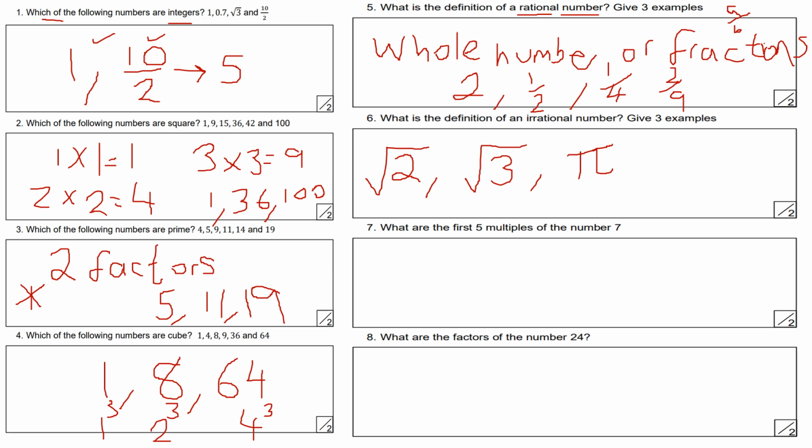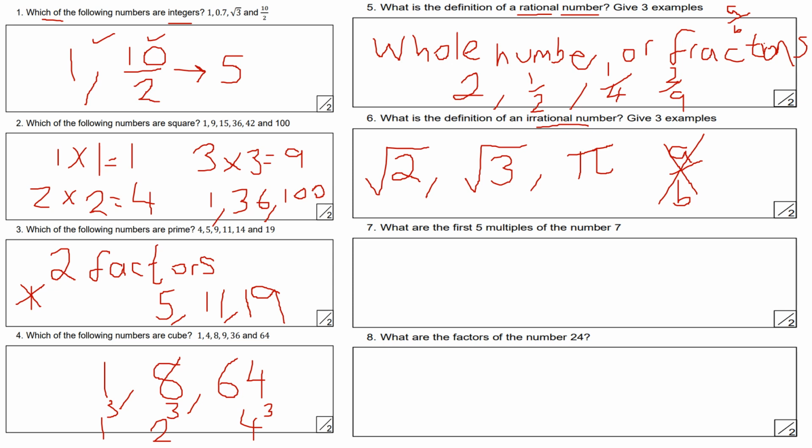These are examples of irrational numbers, so numbers that go on and on forever, and that cannot be expressed as a fraction. So I cannot write it as a over b, where a and b are non-zero, and you can't get around it by writing it over 1. It has to be 2 different numbers for a and b.